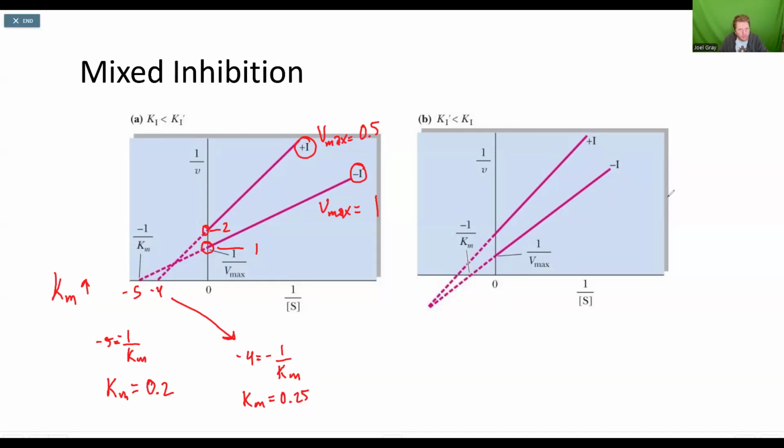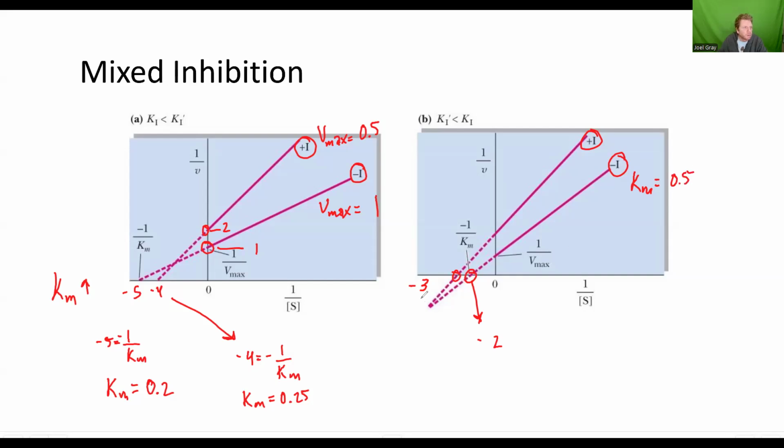Now, if we look at this combination over here, what happens to our Km? In the presence of our inhibitor, this is -2, and I'm going to call this -3. I'm doing this math kind of quick. -2 is equal to -1 over Km, and I do the algebra and find that my Km is 0.5.